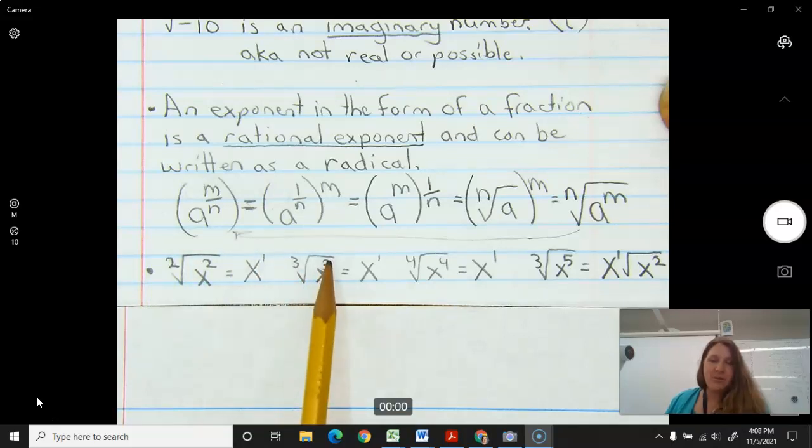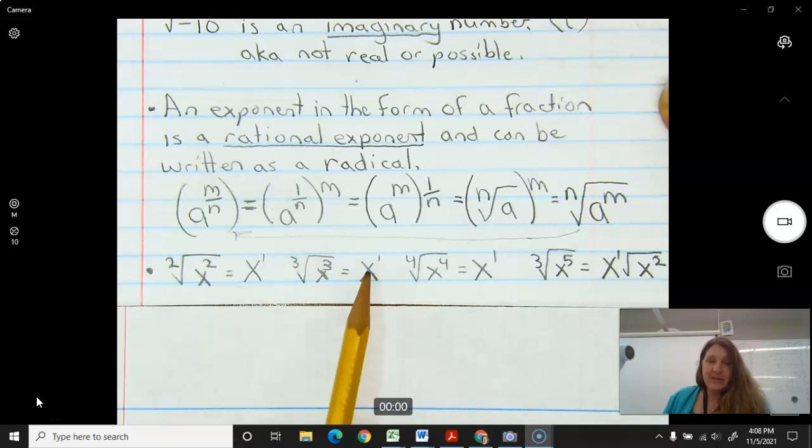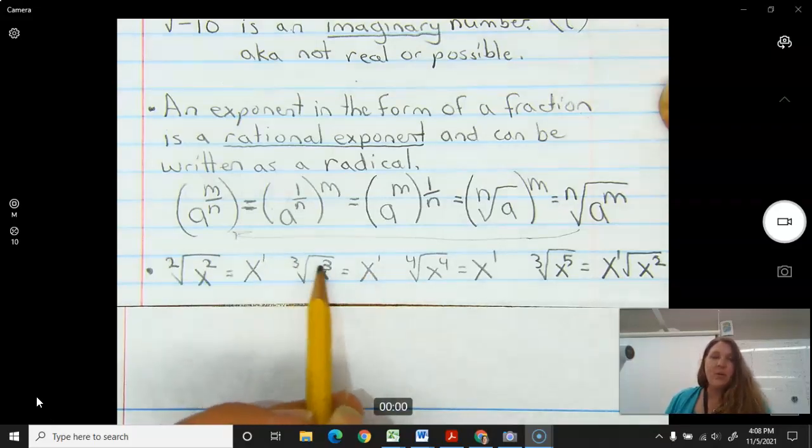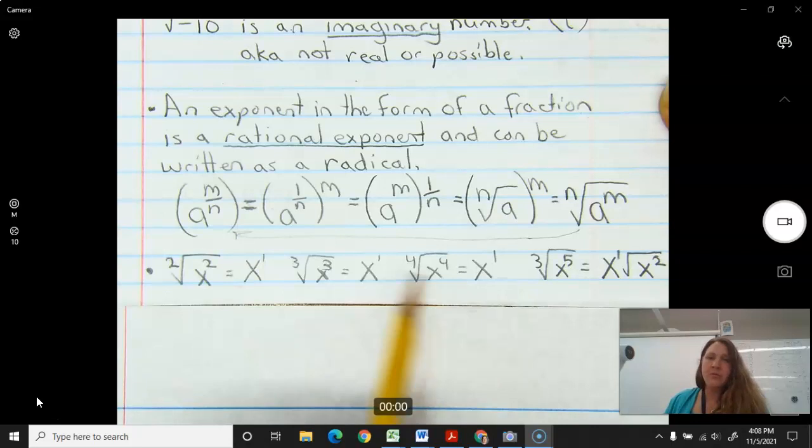If you have some number raised to the third, and we're taking the third root, then that simplifies down to, again, the same thing as x to the 1. These are basically whole numbers. Kind of like if you had 2 divided by 2, that equals 1. 3 divided by 3, that equals 1.